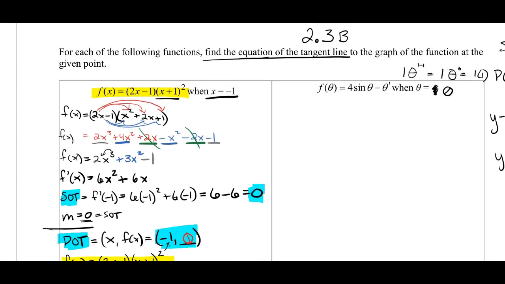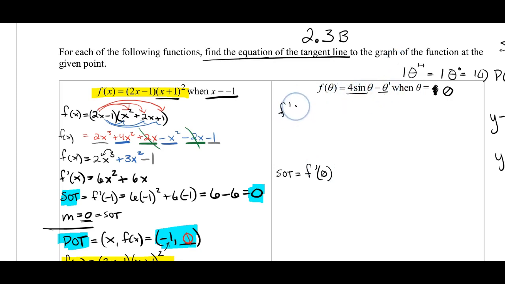So to find the equation of my tangent line, I need to know my slope of tangency. And to find my slope of tangency, I'm going to need to find my derivative at theta equals 0. So I need to find my derivative. This is already in polynomial form. Here's a term and here's a term.